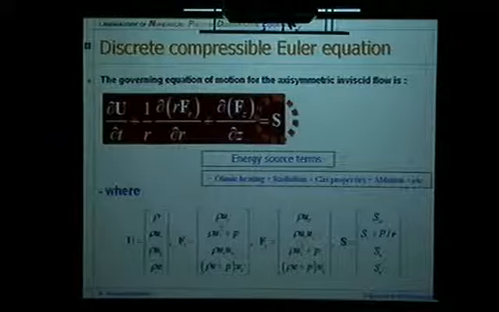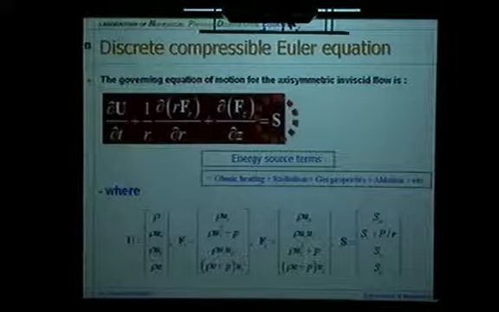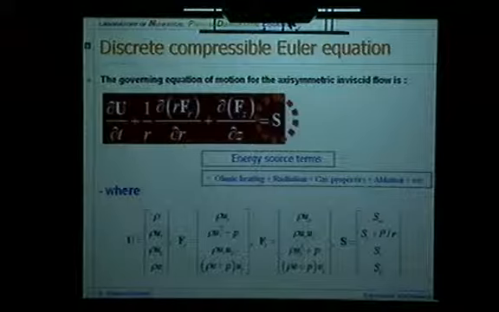Because of the symmetry, if you formulate it, there appear some source terms. They come from the curvature terms. So there are source terms: curvature terms, ohmic heat, radiation, gas ablation and so on.